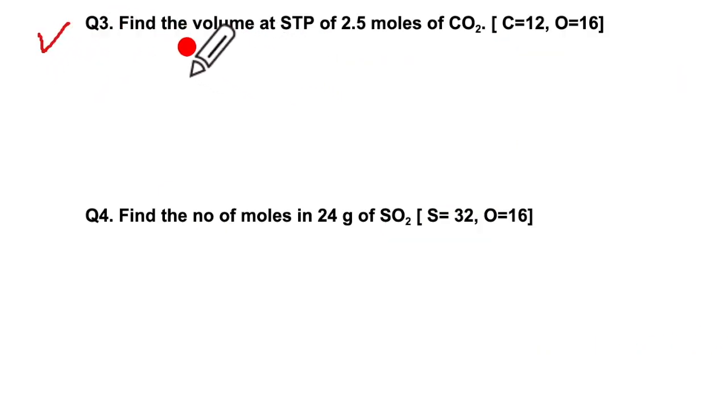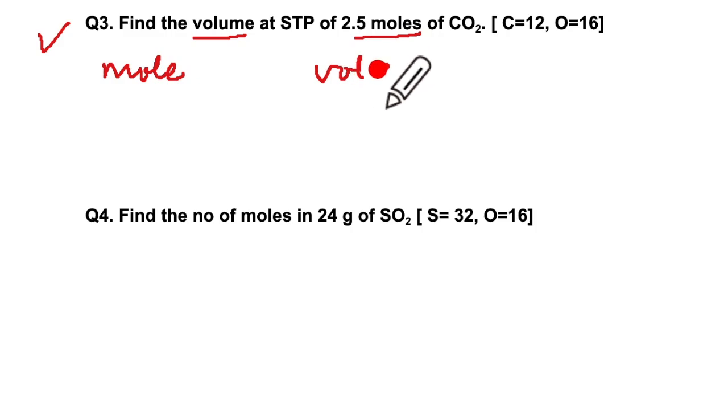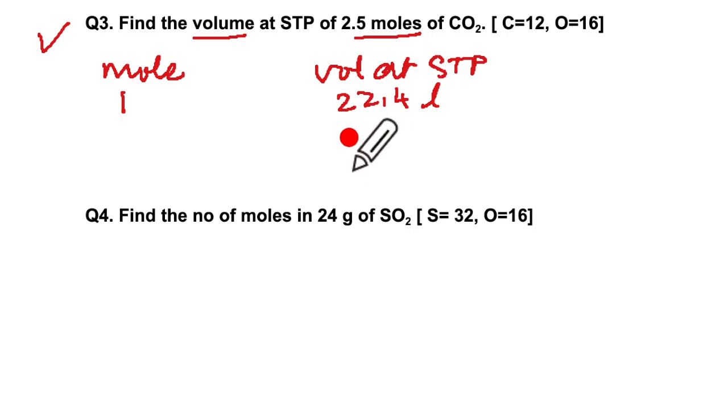Question number 3. Find the volume at STP of 2.5 moles of CO2. Now, number of moles is given, so that will be our first quantity to write. So I'll write here mole and I'll write volume at STP. If it is 1 mole of any gas, not just CO2 but any gas, how much is the volume? 22.4 liters at STP. So if it is 2.5 moles, then it will be how much?